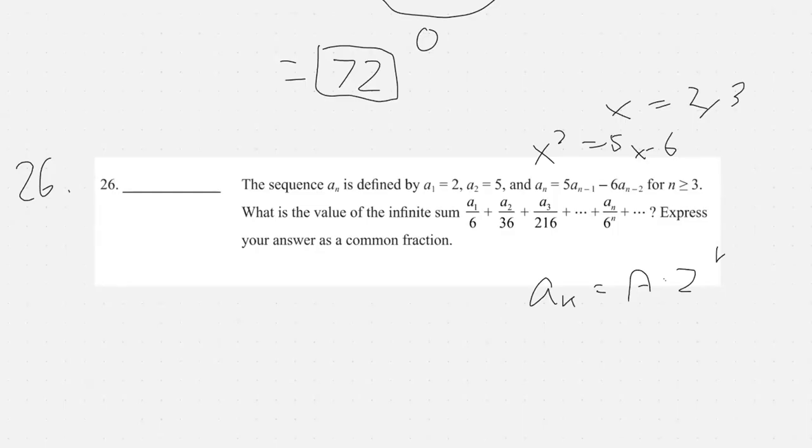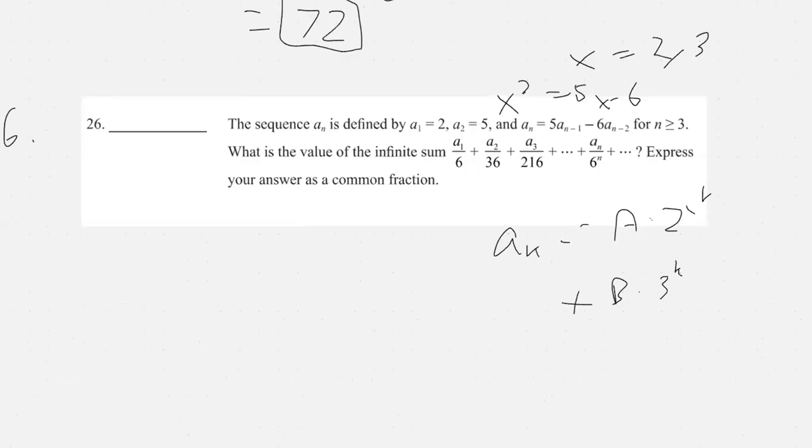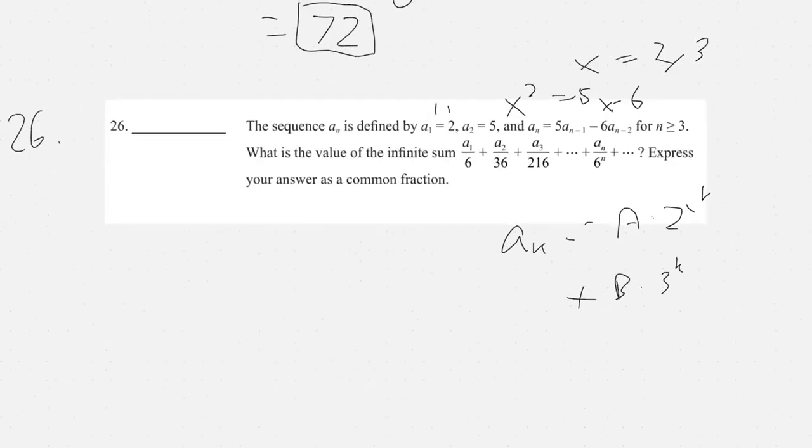And from here, you have to solve for A and B. You can eyeball that 2 is 1 plus 1 and 5 is 2 plus 3, so it's easy to guess that A should be 1/2 and B is 1/3.